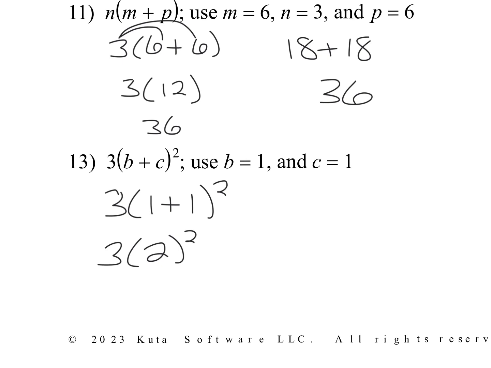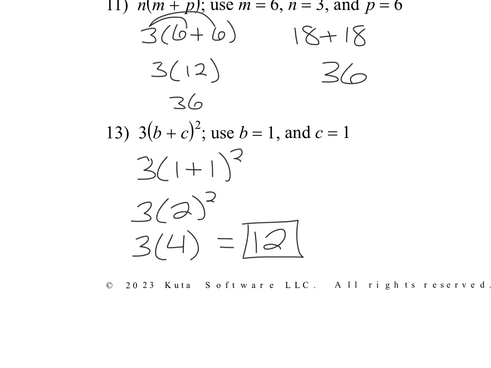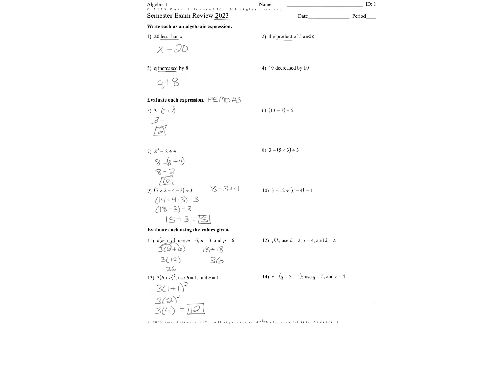What's next? Exponents are next. What's 2 squared? 4. And then what's my last step? Multiply, we get 12. Okay. Any questions at all on the front page?